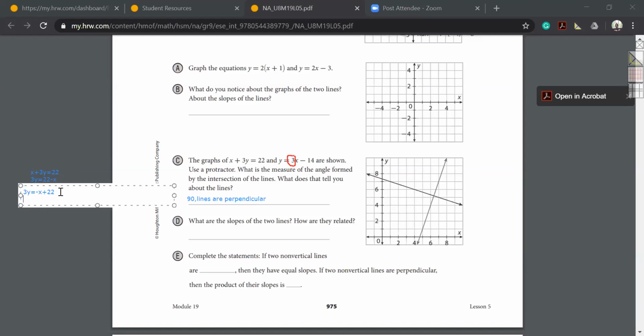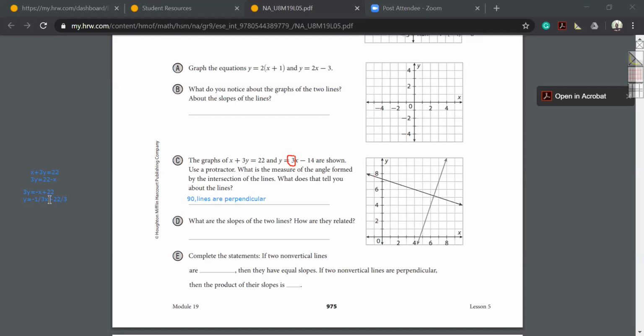So y equals, and I have to divide by 3 here and here. So it is going to be negative 1 over 3 x plus 22 over 3. Right? Is it in the slope-intercept form? Yes, it is now.